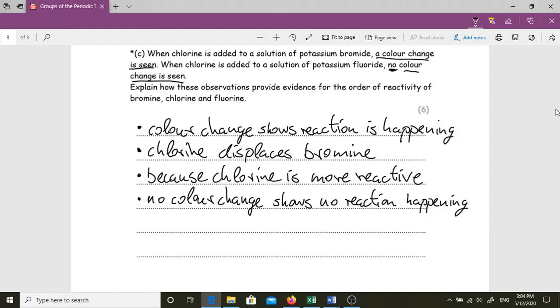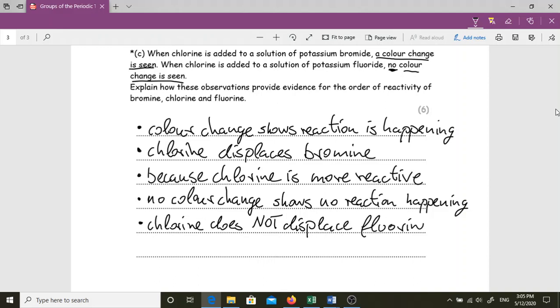And this means that in this case the chlorine is not displacing the fluorine. So chlorine does not displace fluorine.